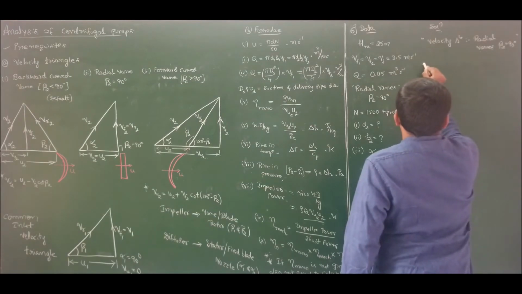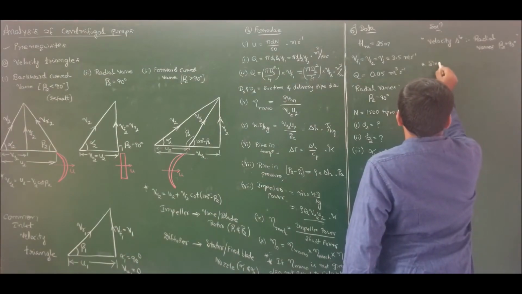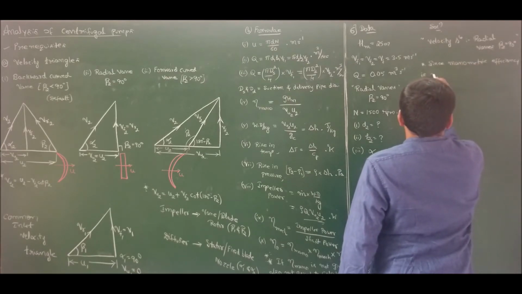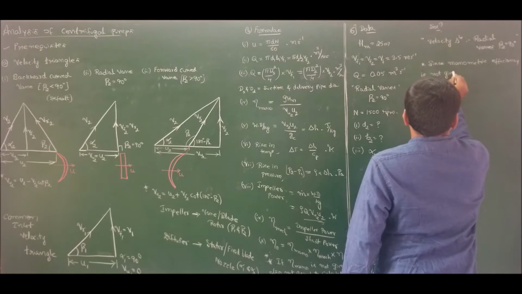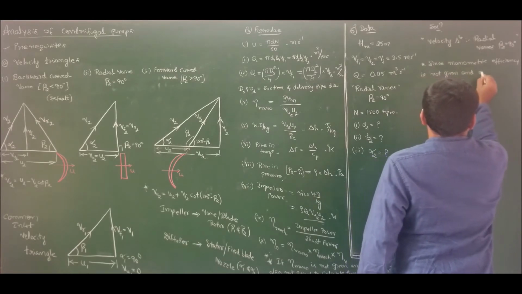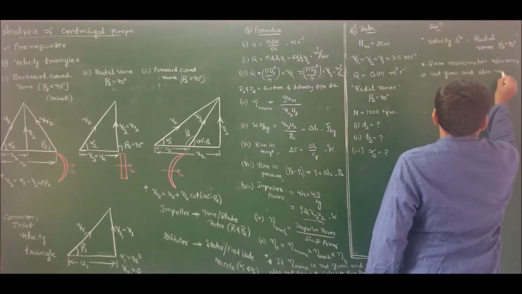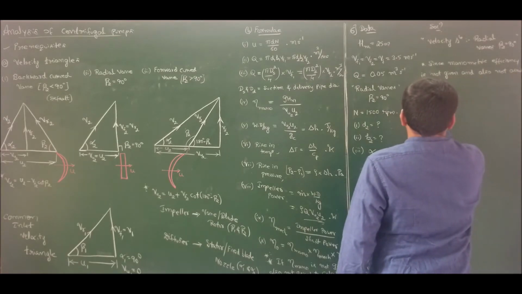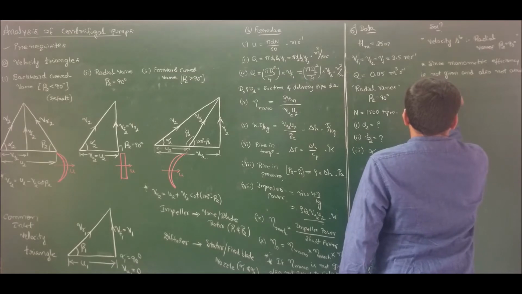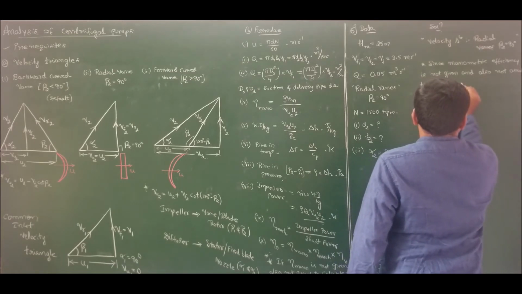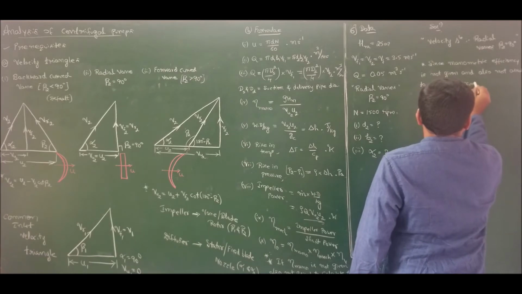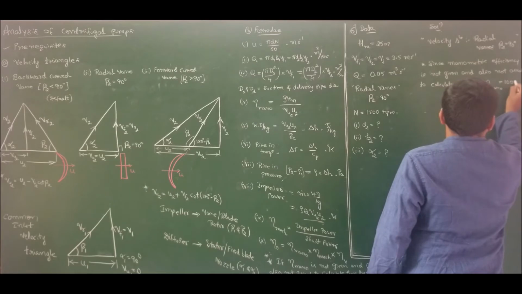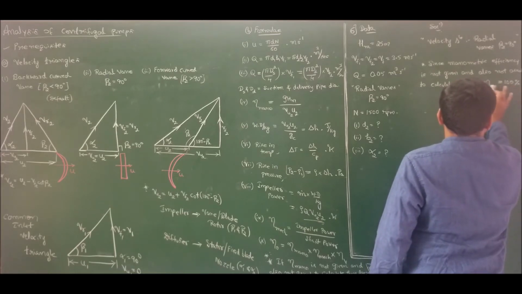Very important note to recall: since manometric efficiency is not given and also not asked to calculate, assume eta mano as 100%. That is, we are neglecting the head losses.